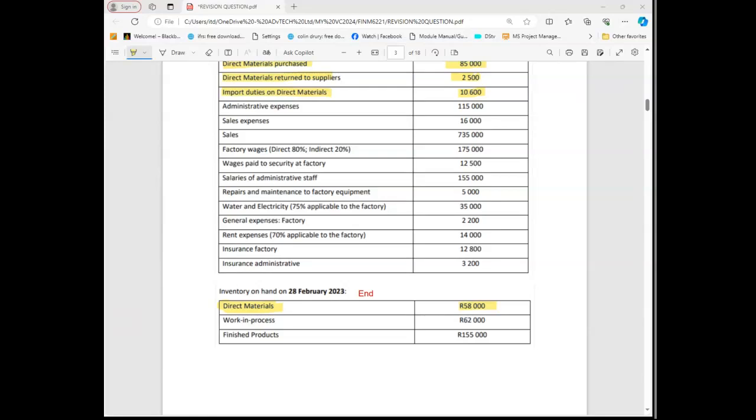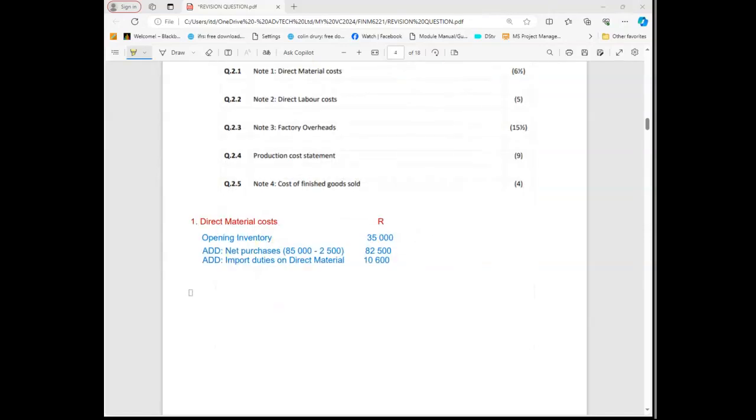That will be the closing balance, $58,000. I'm going to put it here, but we are going to less it. I'm going to less 58,000.